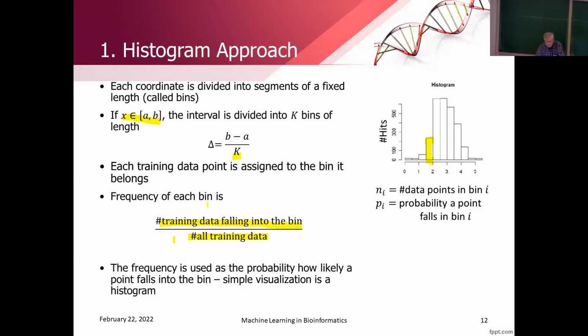This is frequency for each bin. So the probability that a point falls within the bin is Ni, where i is the bin index and Ni is the number of data points we have found in the bin i, divided by the number of observations, capital N. My question, how can we approximate the probability density function?